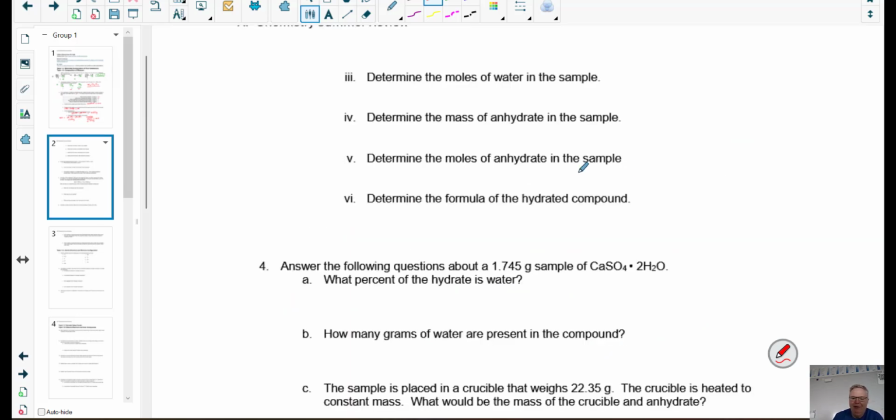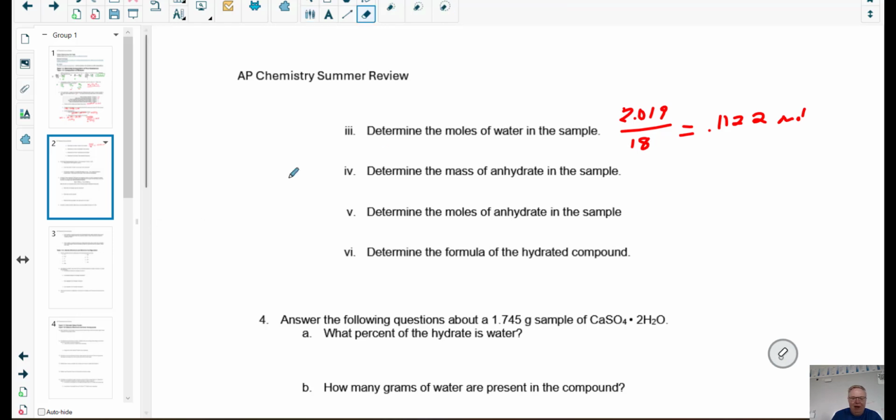Well, now I know I have 2.019 grams of water, so we can determine the moles of water. Divide that by 18 and that would give me my moles. All right, and we'd already figured out the mass of the anhydrate, which was the dry sample, was 1.593 grams, because that's what we'd figured out earlier.